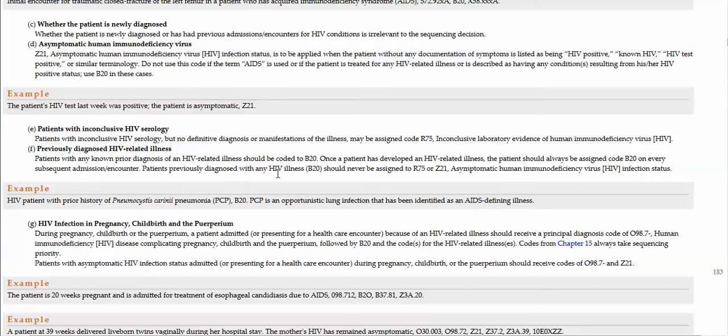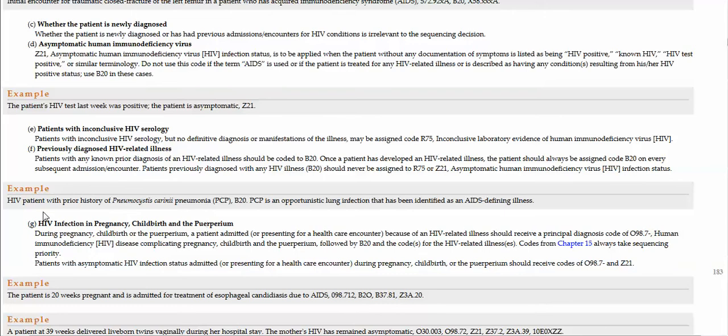Patients previously diagnosed with an HIV illness of any kind should never be assigned R75, which is the inconclusive serology, or Z21, which is the asymptomatic HIV infection status. Never, ever, ever, ever, ever. So once they have some type of an infection, that's it. They've got the infection. Okay?